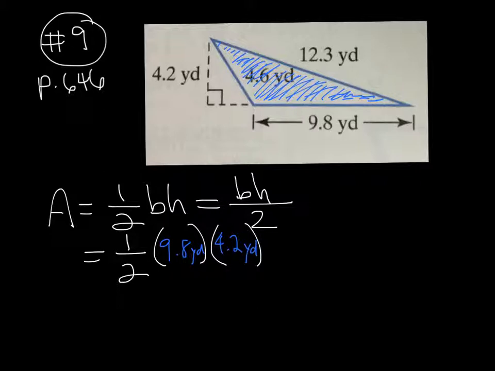And then we just calculate that. In your calculator, I'm just punching in 9.8 times 4.2. Let me go ahead and write in all the steps. Then I get 41.16.